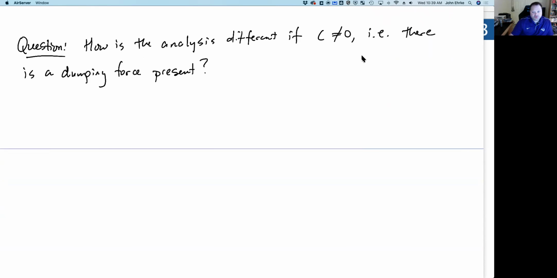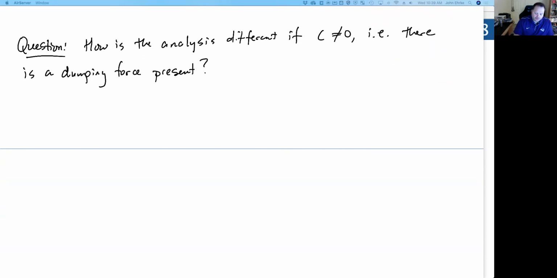Well, the answer to that question is nuanced because it depends on how much of a damping force is present. The more damping there is, the faster the oscillations in the model are going to disappear.